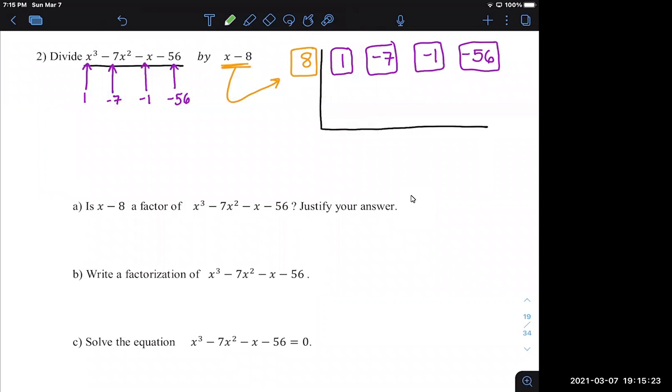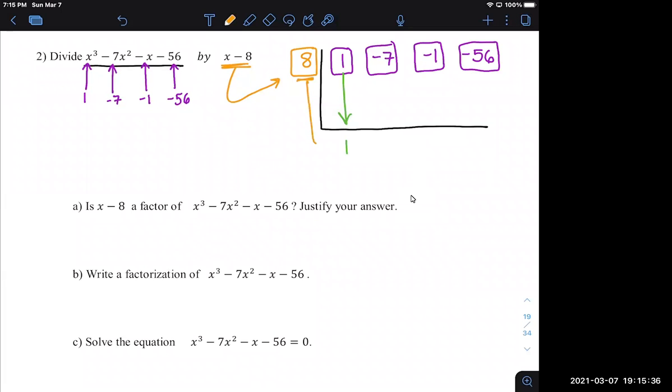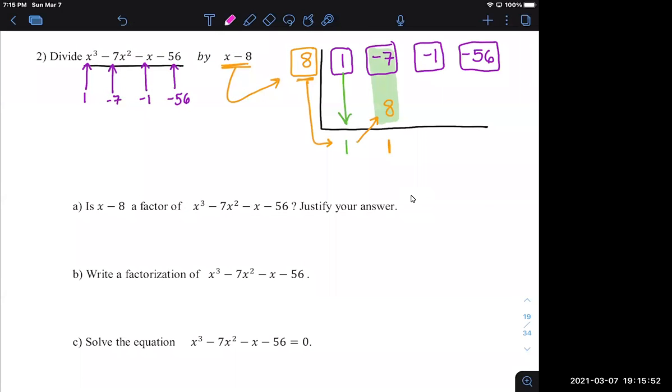Now we're going to do our synthetic division. We bring down the first number, so that's 1. Then you do your multiply, add, multiply, add, multiply, add. So 8 times 1 is 8, and you put that underneath the next number. Then we're going to add negative 7 plus 8 is positive 1. Then we multiply again.